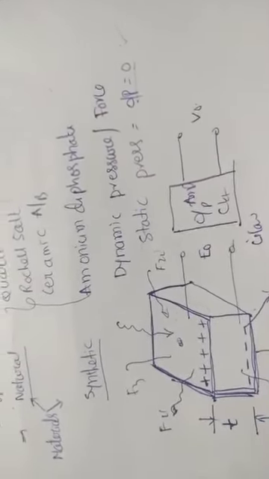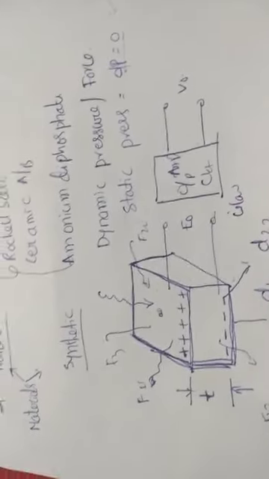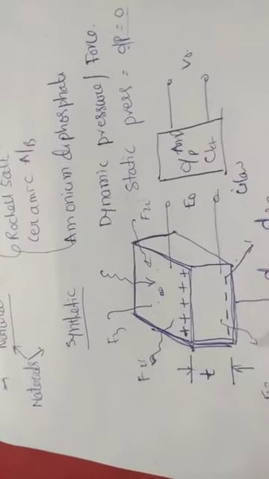Here the applied force is F1, the deformation sensitivity is D11, and on some other side you apply a pressure F2, the deformation sensitivity is D22, and on another side you apply F3, the deformation is D33.